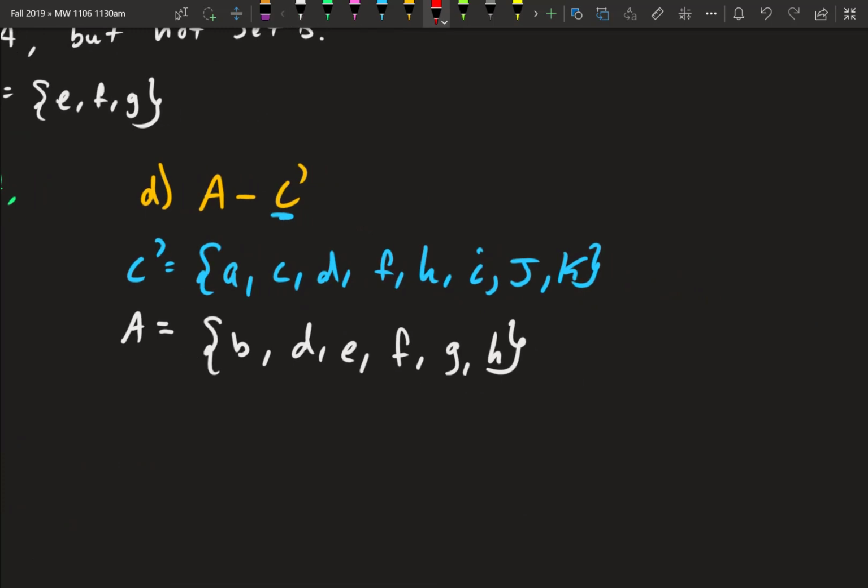They have D, F, and H in common. So everything that's left in A. Why what's left in A? Because that's the first letter. So everything left in A is B, E, and G.